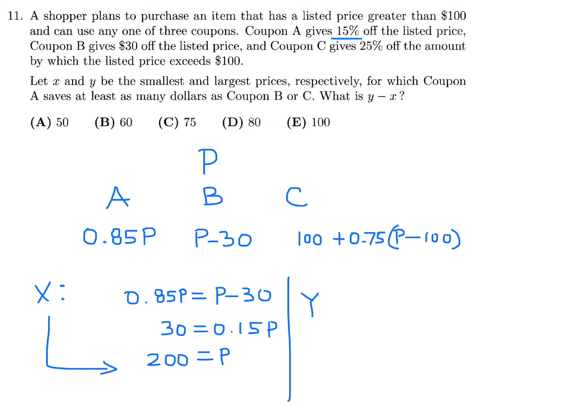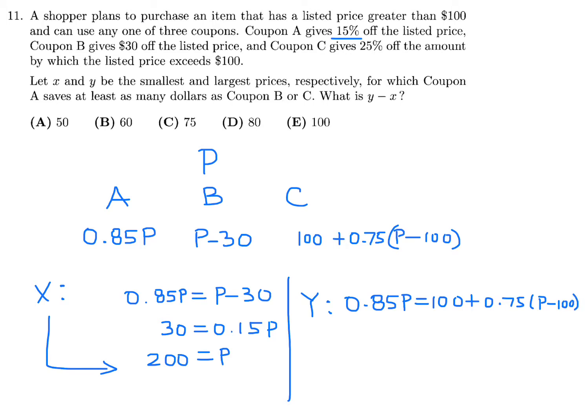Y is referring to when A and C result in the same price, those two coupons. So that means 0.85P is equivalent to 100 plus 0.75 times (P minus 100).